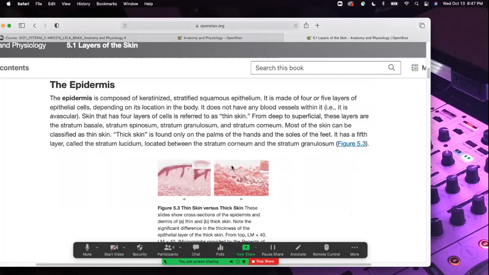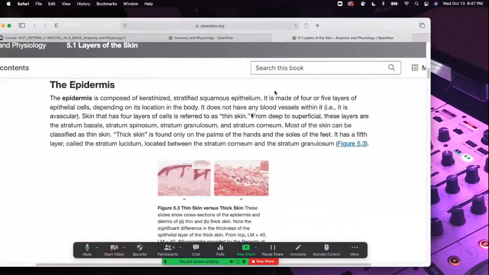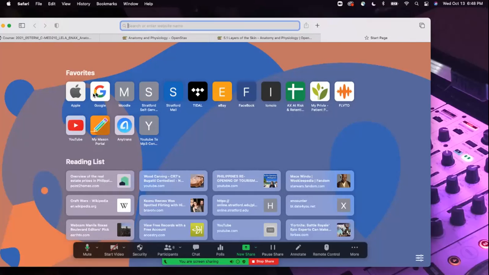Now, the epidermis is the very tippy top layer. I know it's a little bit hard to see here. Let's look at the, well, no, I'm jumping ahead of myself. But the epidermis is the tippy top layer, and it has keratinized stratified squamous epithelium. So what does that mean?